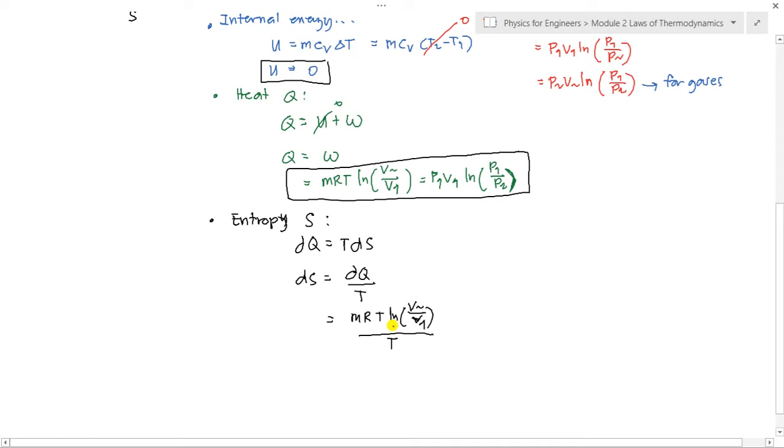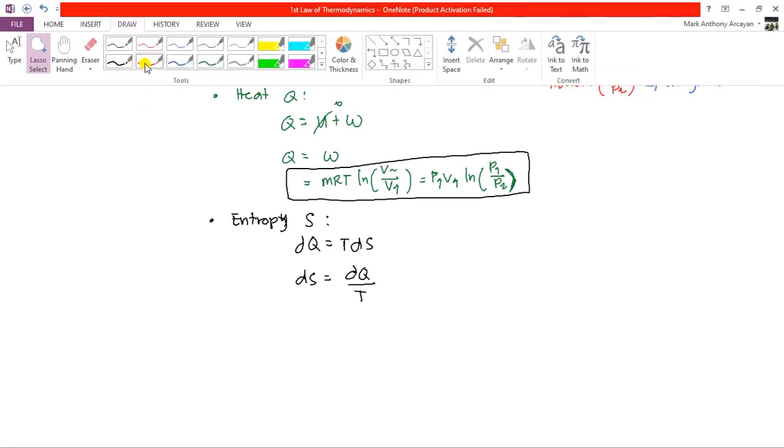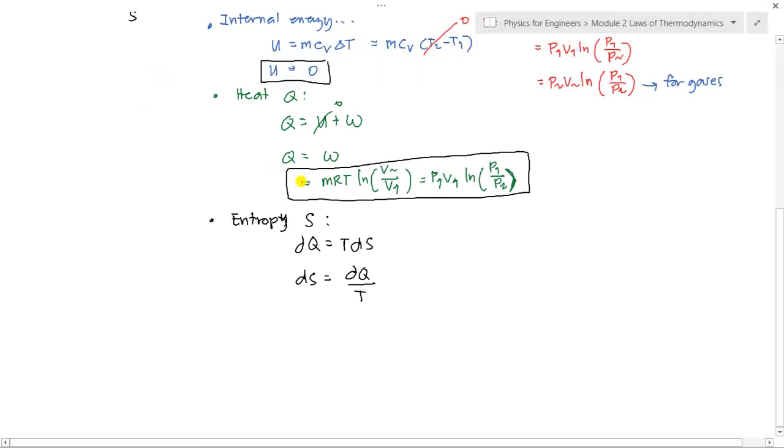Then we take the derivative of q. We have q equals mRT ln V2 over V1.